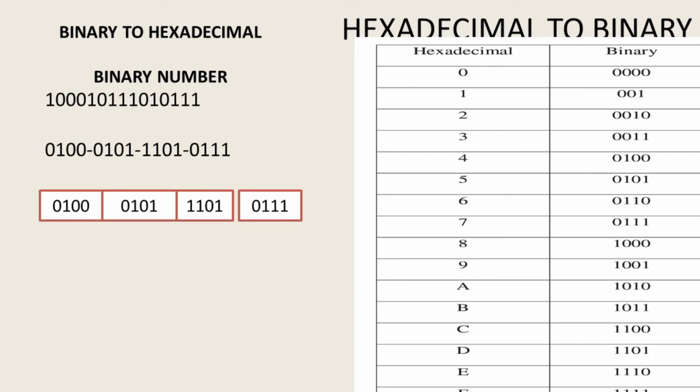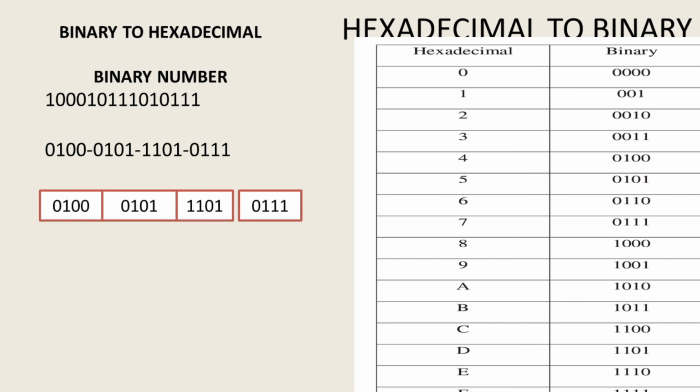If I want to convert a binary number to a hexadecimal number, let us consider this binary number on the screen. We group it into 4 digits from the right hand side, and then we find the hexadecimal equivalent of each group.